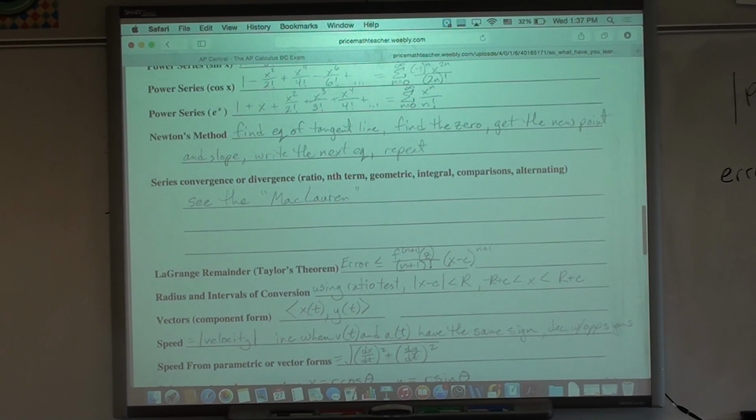If that limit is a positive finite number, then they match. So if the one converges, the other converges. If the one diverges, the other diverges. This is all on the Maclaurin. Okay.